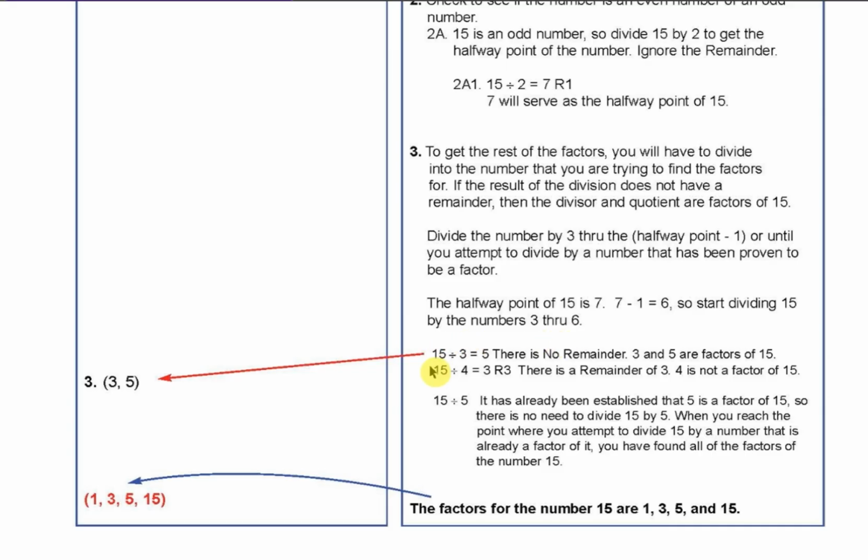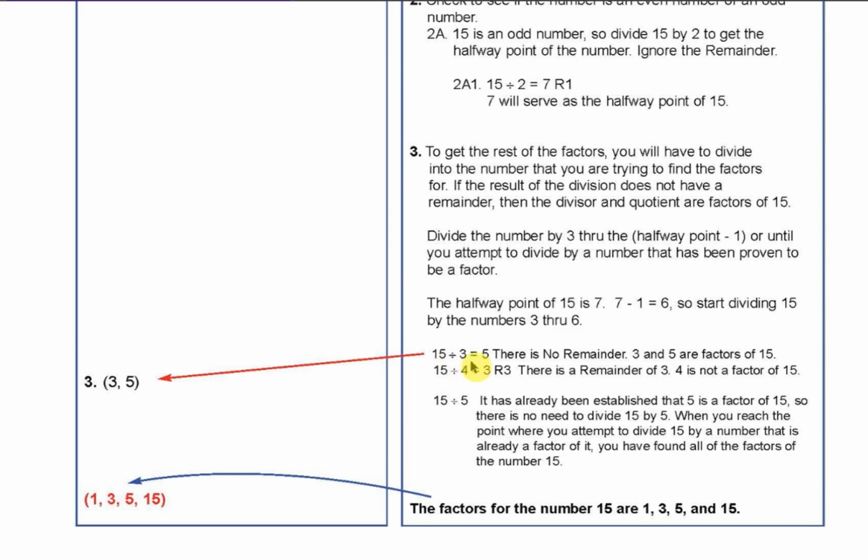Now, we will begin our division process. We start with 3. 15 divided by 3 equals 5.